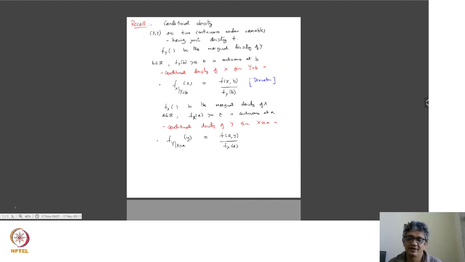Then you can think of the conditional density of x given y equal to b as the joint density divided by the marginal density. Let me do a quick example to understand this whole thing.